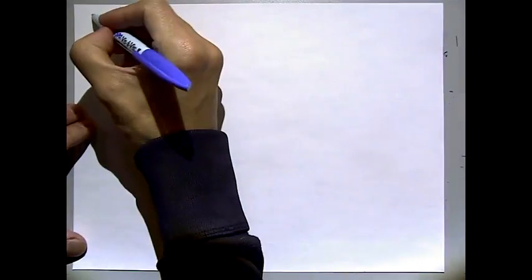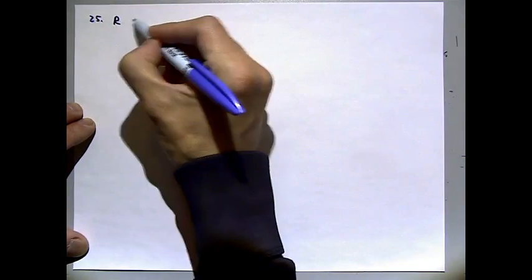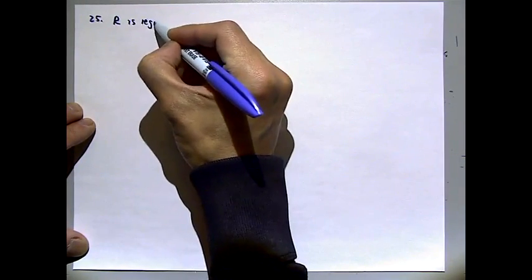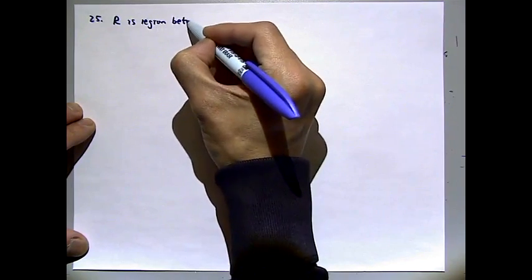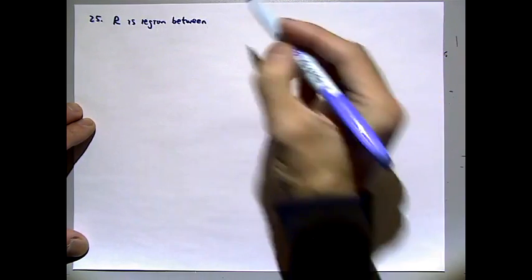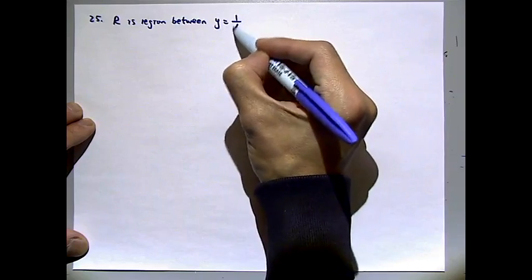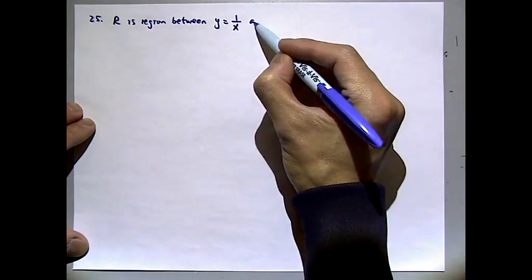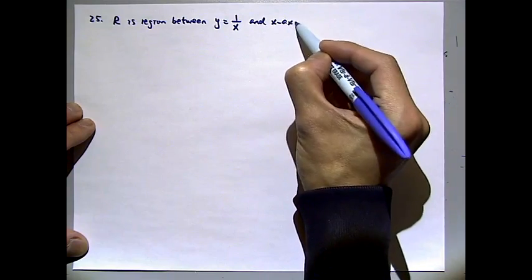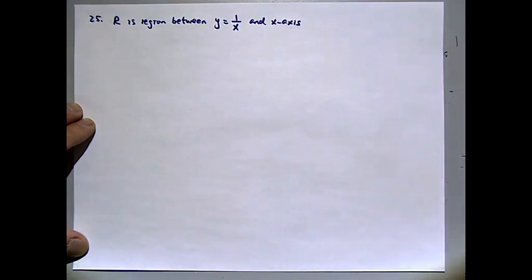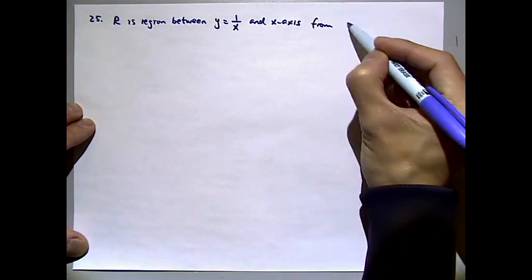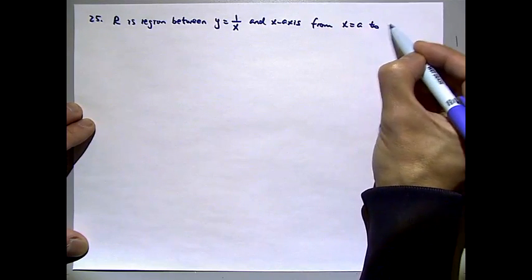Number 25. Oh, this one sounds interesting. Let R be the region between y equal to 1 over x and the x-axis, from x equal to a to x equal to b.